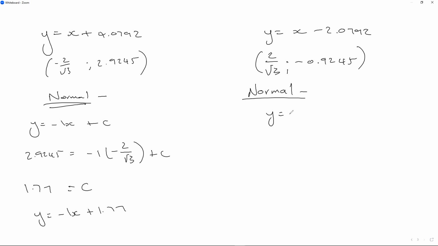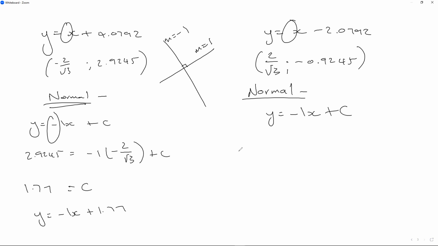So y equals negative 1x, because the gradients, remember, are perpendicular. The one gradient is equal to 1. This gradient is perpendicular, so it's equal to negative 1, and that's where we get the negative 1 from. And substituting it in, negative 0.9245 equals negative 1, 2 over root 3 minus 0.9245, plus c. That's what we want to find.